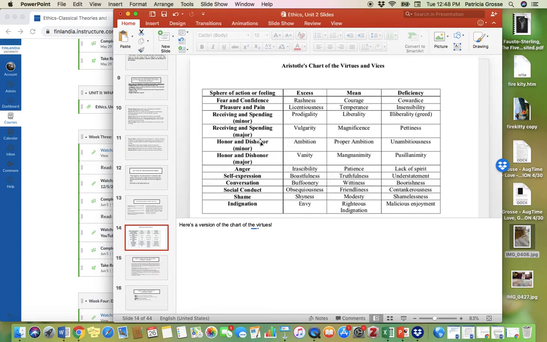Honor and dishonor is a sphere of action or feeling, and here the mean is magnanimity, with pusillanimity and vanity as the extremes. When you're thinking about this, it has to do with the way people act.